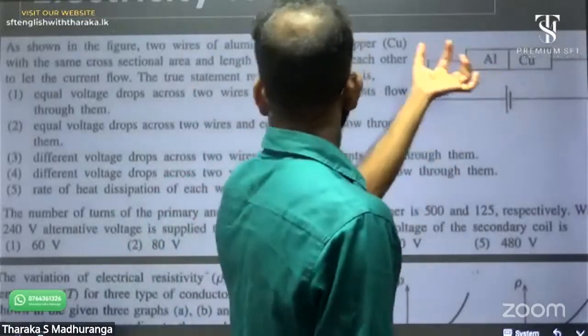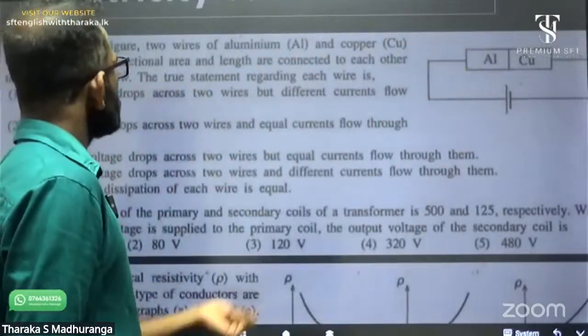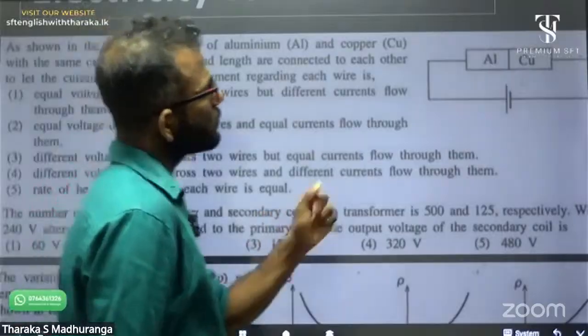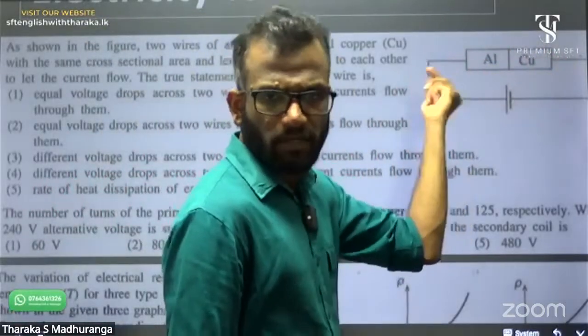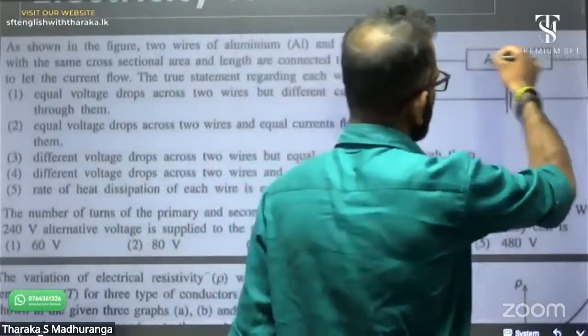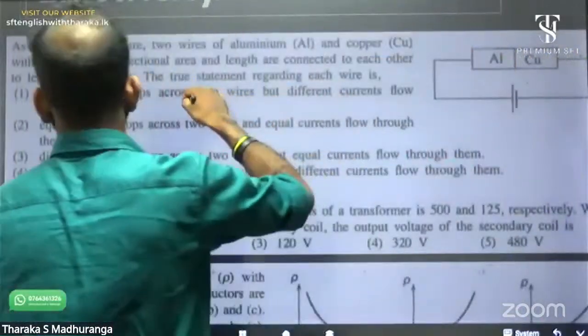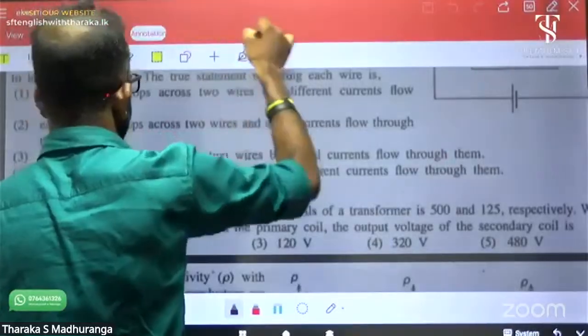Equal voltage, different current. Is it correct? Aluminium and copper are in a series system, so the same current is flowing. That's wrong.